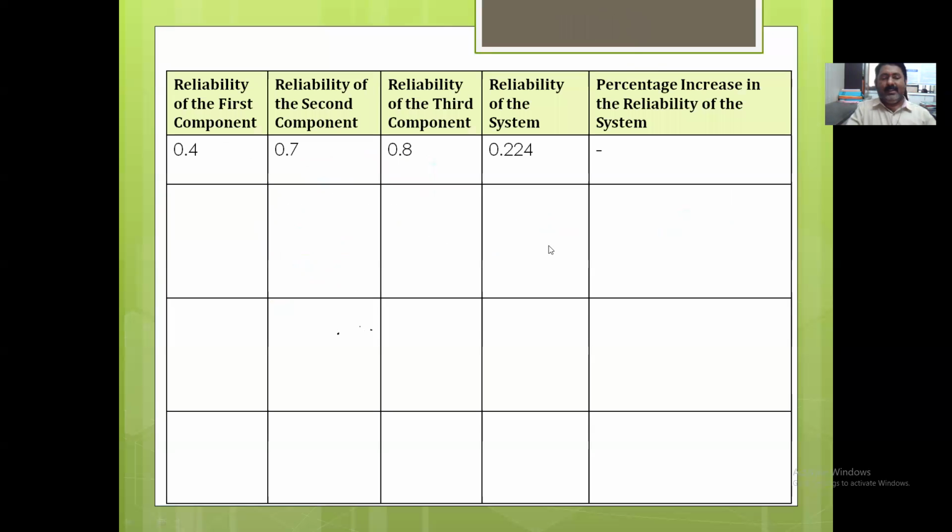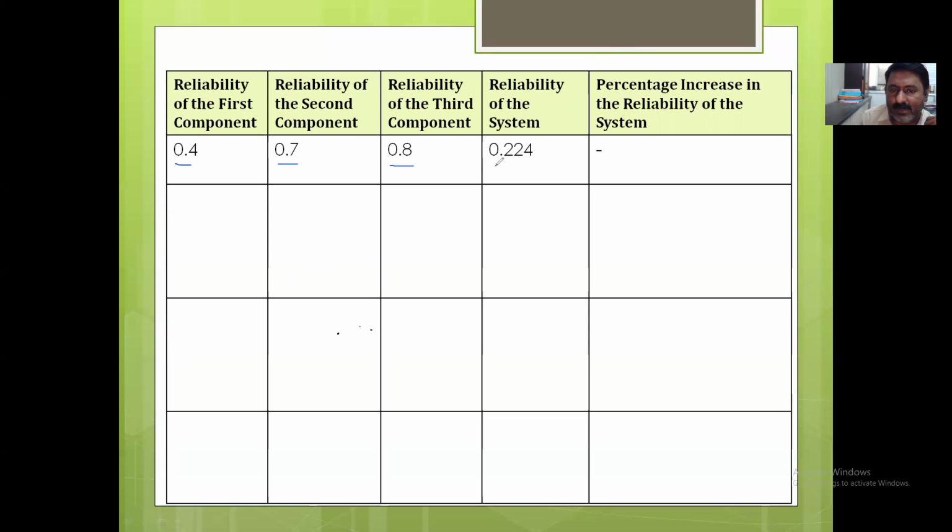See, this table I have prepared. Let us first understand what is there in this table, for making the calculations simple. Reliability of the first component is given 0.4, we have said R1. Reliability of the second component 0.7. Reliability of the third component 0.8.